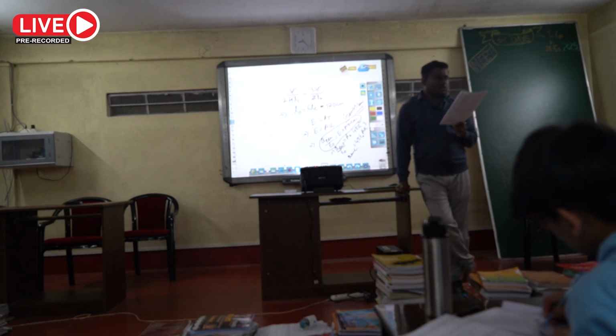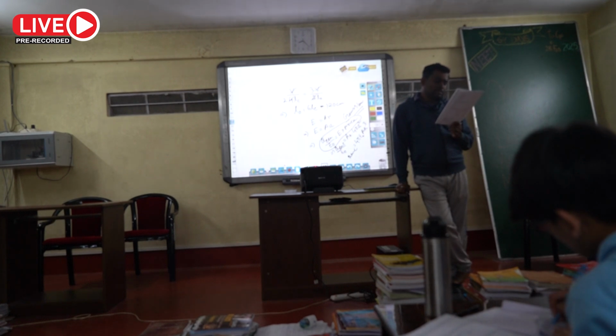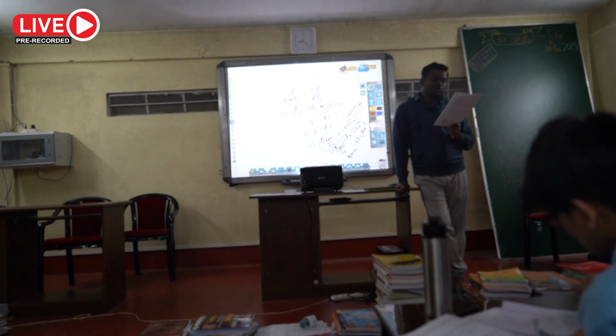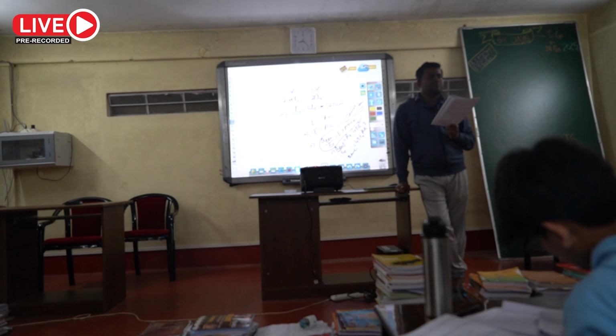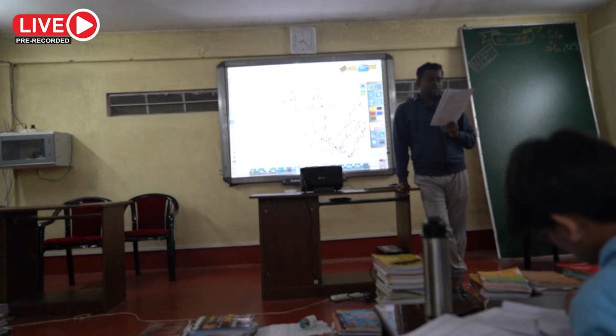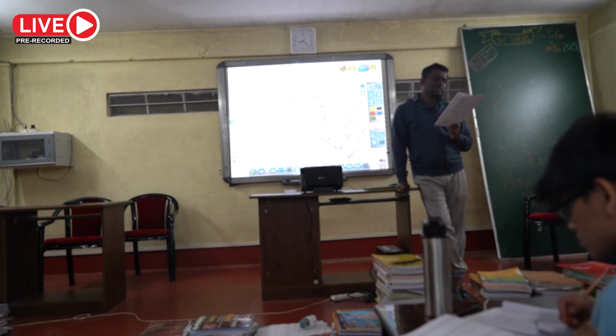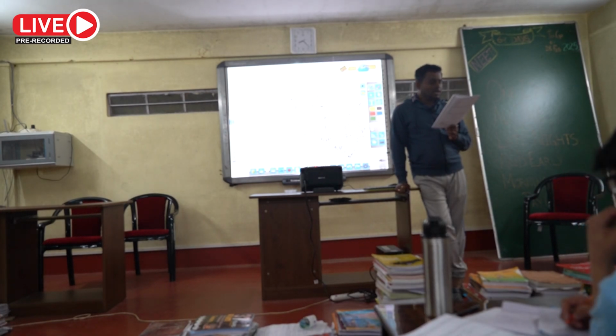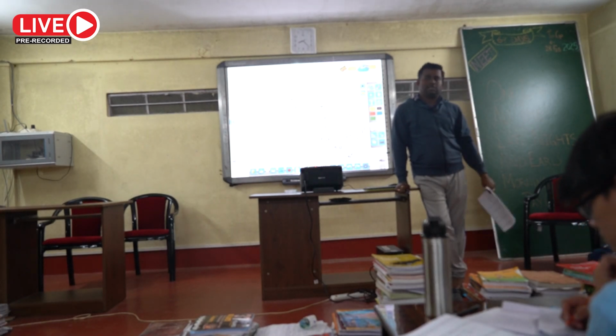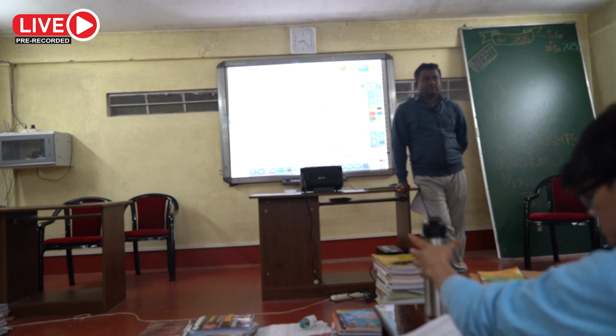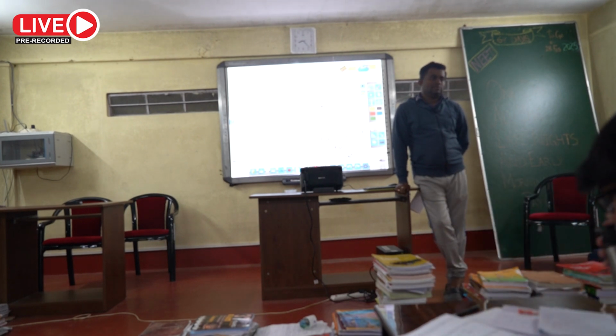Then across a metallic conductor of non-uniform cross section, a constant potential difference is applied. The quantity which remains constant along the conductor: current density, current, drift velocity, electric field. Which one?